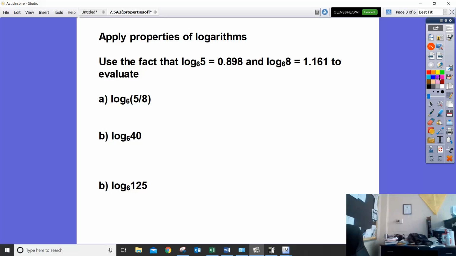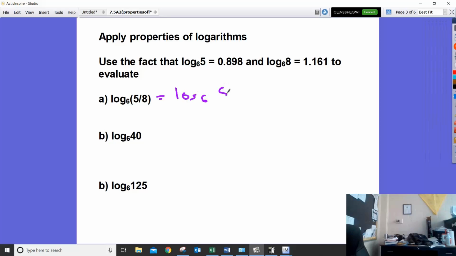This is equivalent to log base 6 of 5 minus log base 6 of 8. And look above. Do you actually know those values? Yeah. You can replace log base 6 of 5 with 0.898. What can you replace log base 6 of 8 with?